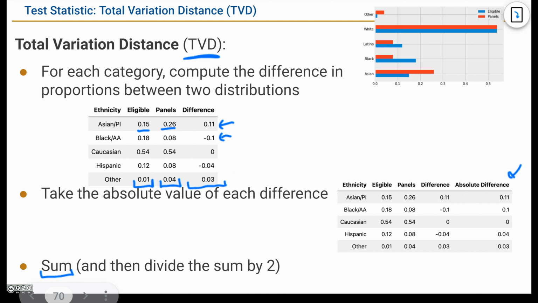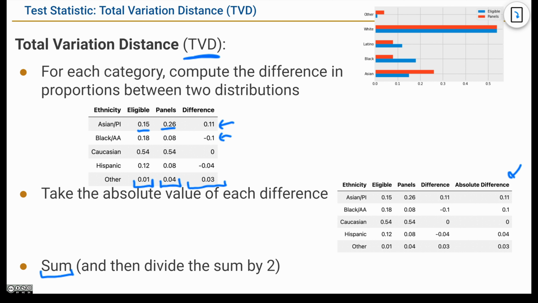So by taking the absolute value and then summing, I'm basically double counting that information, right? I'm not getting any new information out of it. So we divide by 2 basically just to say, what's really the difference in either the positive or the negative direction? Again, just a convention. You won't get a different answer if you don't divide by 2.